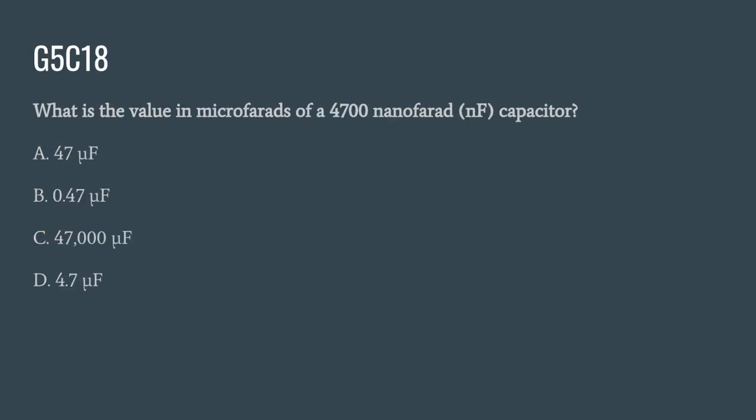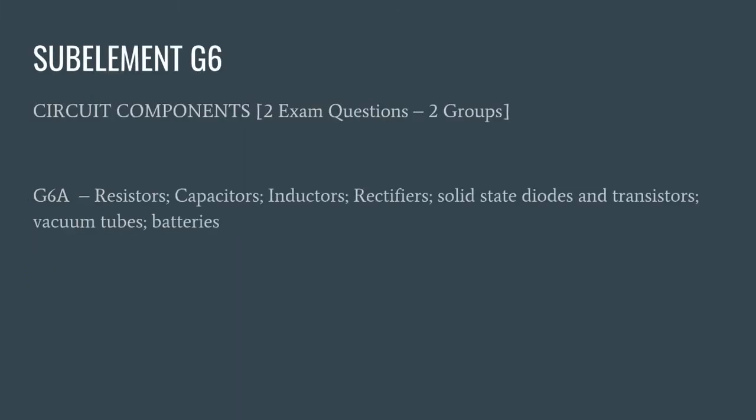What is the value in microfarads of a 4700 nanofarad capacitor? A. 47 microfarads, B. 0.47 microfarads, C. 47,000 microfarads, or D. 4.7 microfarads. D. 4.7 microfarads is the correct answer.